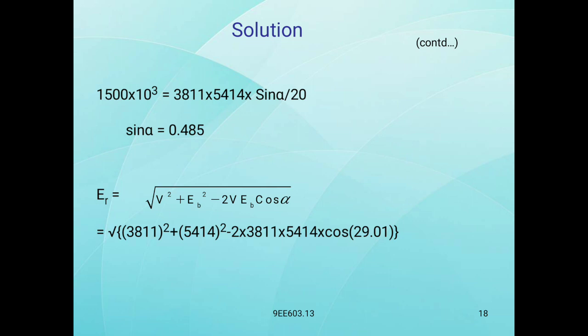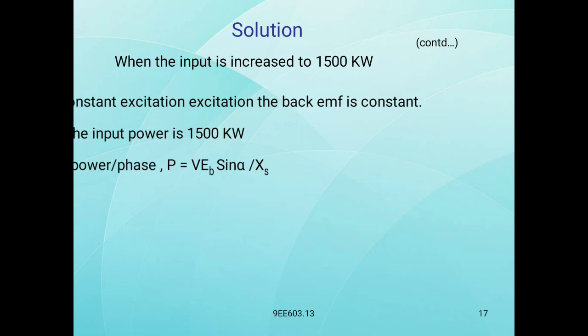Observe this power equation: we know the values of V, EB and XS. How can we get sin alpha? Sin alpha is equal to P into XS by V into EB. That is the sin alpha formula.